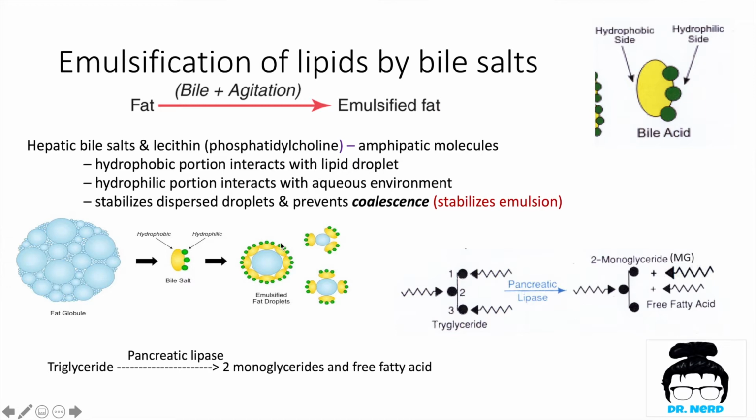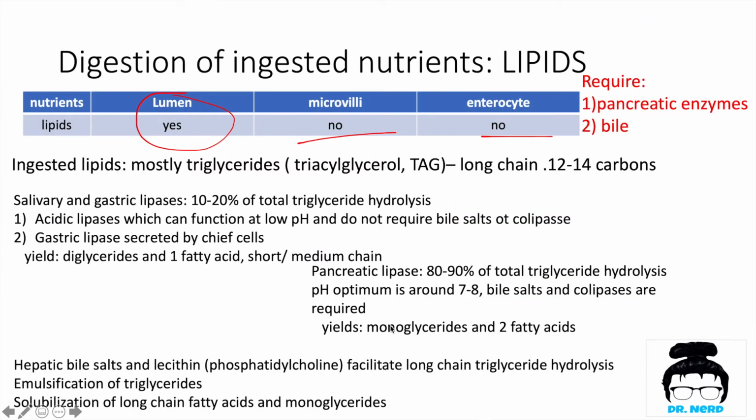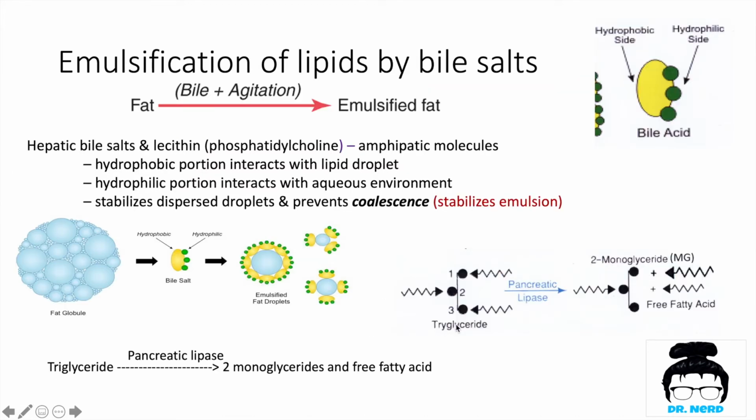You have a triglyceride acted on by pancreatic lipases. It yields a monoglyceride and 2 fatty acids, which is what we've said here. You have the triglyceride, pancreatic lipases, which gives you 1 monoglyceride and 2 fatty acids.